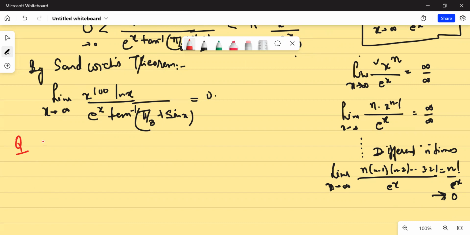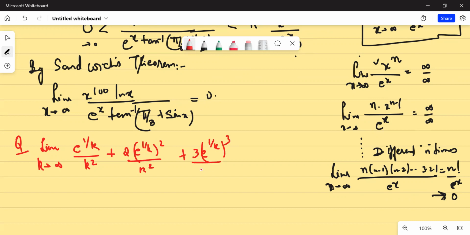Limit k tends to infinity of e raised to power 1 upon k divided by k squared, plus 2 times e raised to power 1 upon k whole squared divided by k squared, plus 3 times e raised to power 1 upon k whole cubed divided by k squared, and so on, up to e raised to power 1 upon k whole power k divided by k only. Just try to do this.